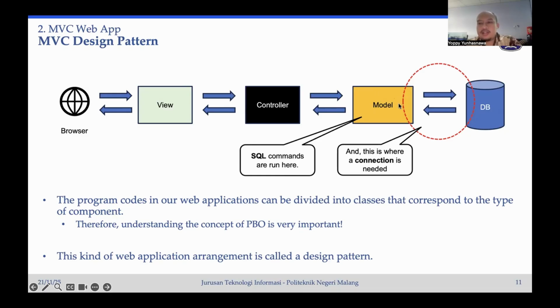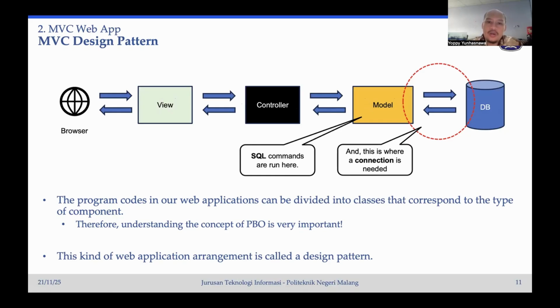The query is sent to the database, the database gives the result to the model, the model gives the result back to the controller, and the controller sends the result to the view, and the view will build the user interface suitable for this data. Then this user interface is presented again to the user. So this is in general how the model view controller design pattern works.